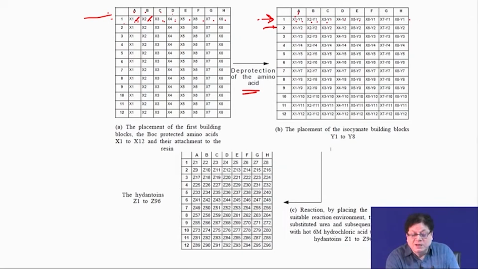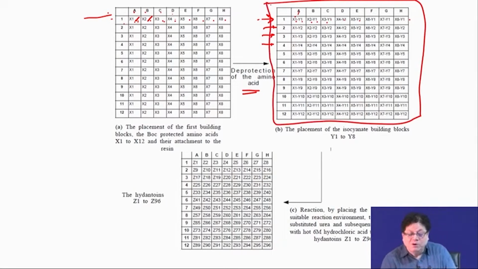Remember, these are different. Then you add the Y3. So, if you add all these, what you get is a library of compounds. How many compounds? Usually there are commercial plates available. These are usually 96 well plates. So, 96 compounds you can prepare in one go. Okay.